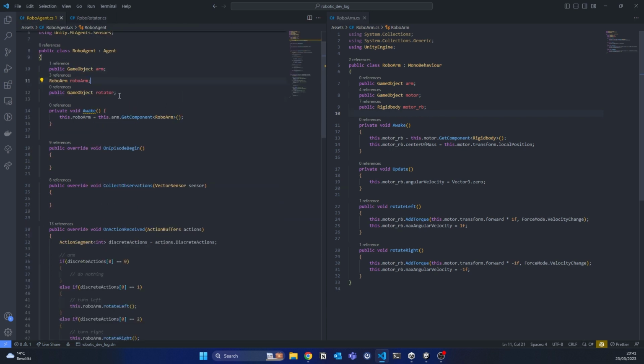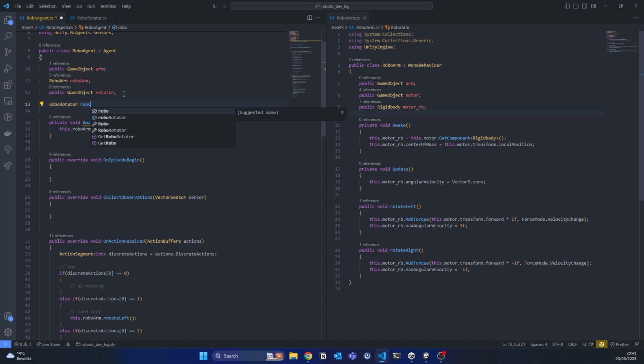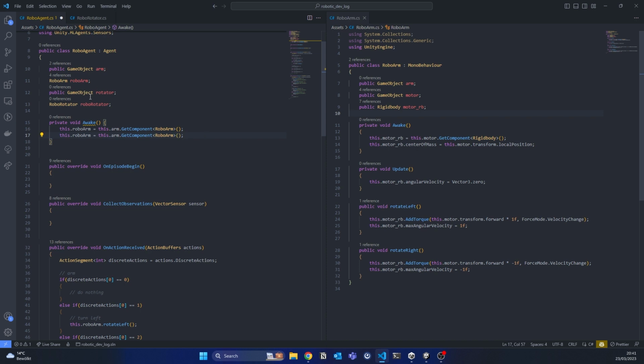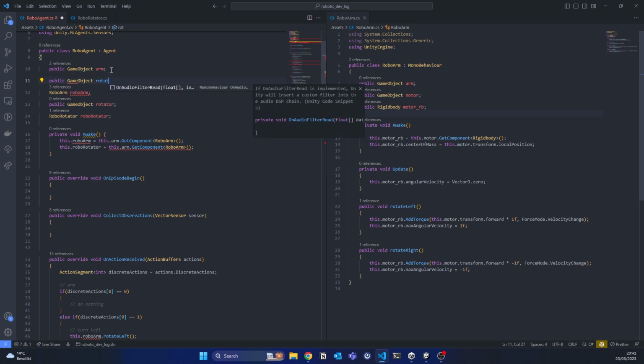Okay, so that also means that we need a robo rotator. And here we need to do a similar thing. Robo rotator equals game object rotator, robo rotator.